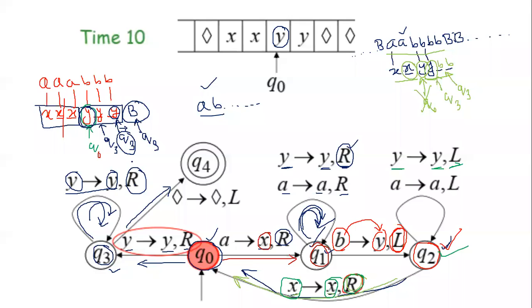Because you are in Q3 and have seen a blank, it means you have skipped all the Y's. There was no existence of B. That means surely this string is in the language, right?